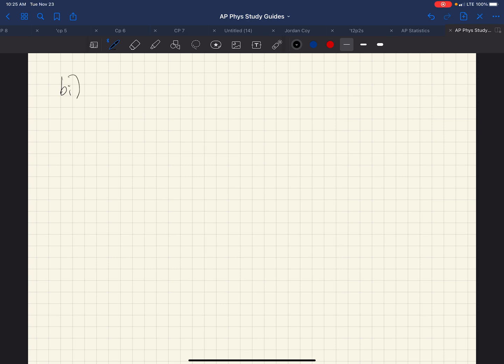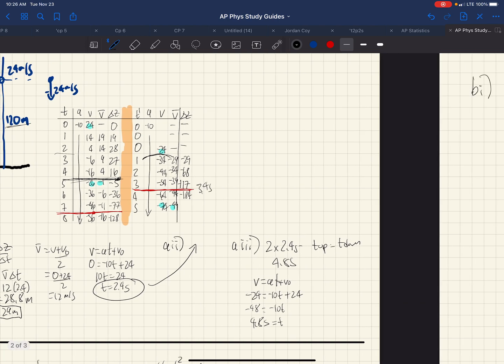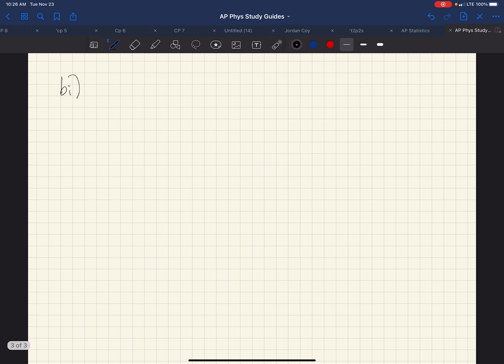B1. So how long does it take the second rock to reach the ground? Well, from our table, we see that it takes between 3 and 4 seconds. Should be the answer. But we could go about this the same way with our z equals 1/2 at squared plus v0t plus z0. We want to know when the position is minus 120.